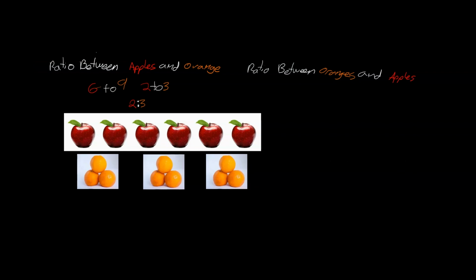So the ratio to start out with would be 9, and then we use the colon to separate them. 9 to 6, which of course you can divide both by 3, which would leave you with 3 to 2. So keep in mind that order does matter when we are determining ratios.